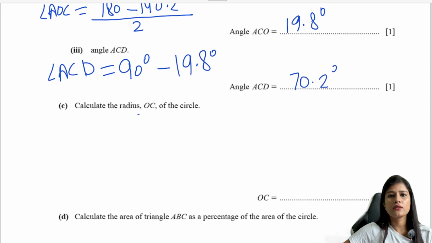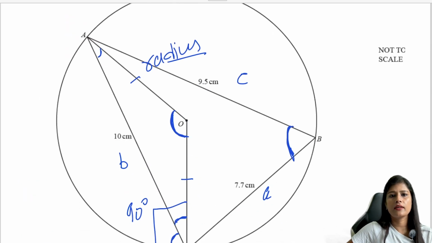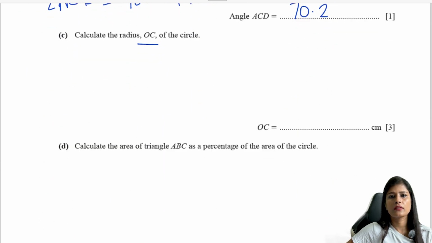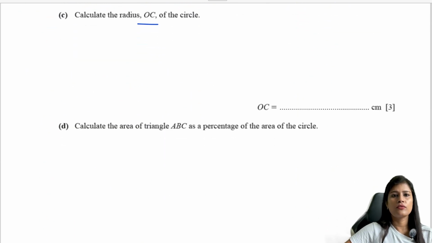Calculate the radius OC of the circle. So now I know this angle, I know this angle, I know this side. So I can easily use sine rule to find out the OC. So suppose I write OC as x here. So for finding the OC, I can use sine rule.